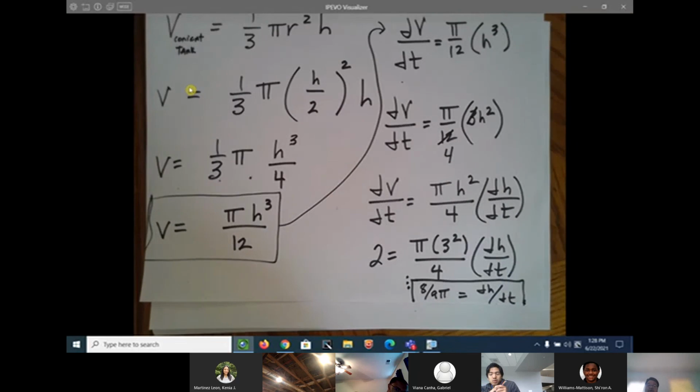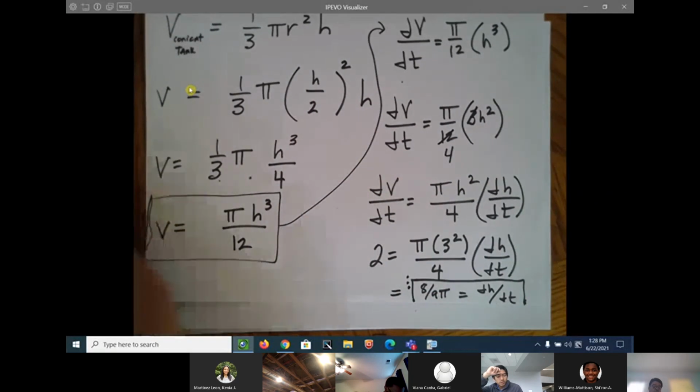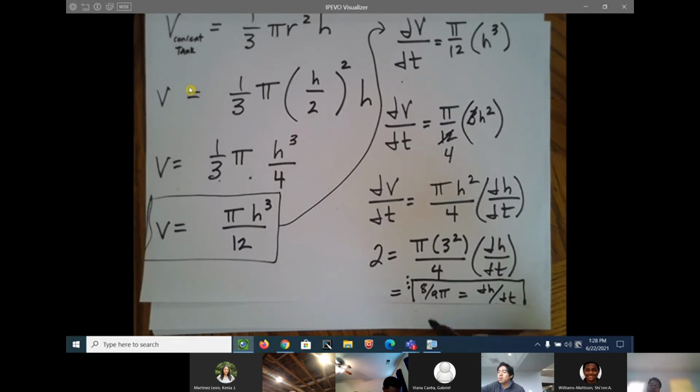I don't know what 8 over 27 is, but 8 over 24 is 1/3. So somebody do that on the calculator. It's going to be around 0.3, 0.31 or 0.3. Somebody check it for me. What do you come out with? What's 8 divided by 9 pi? Might be a little bit off because I did 1 over 24 and you're doing 1 over 27, so it's going to be a little bit off of 0.3.